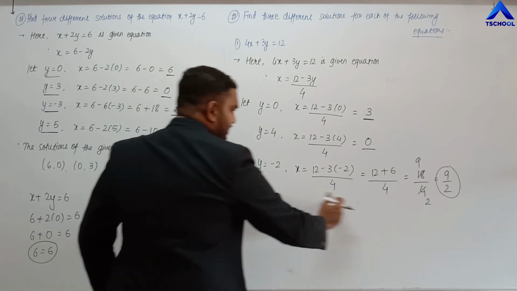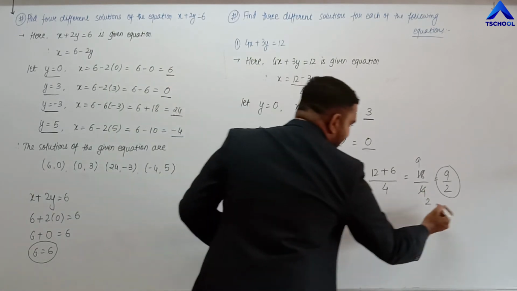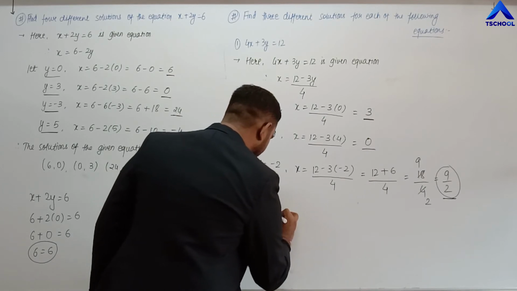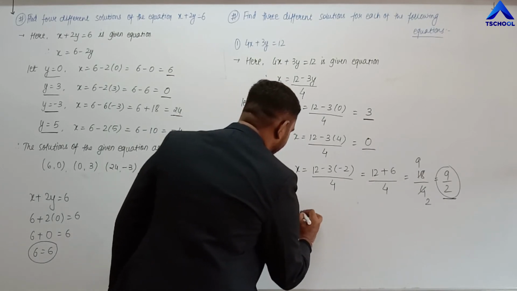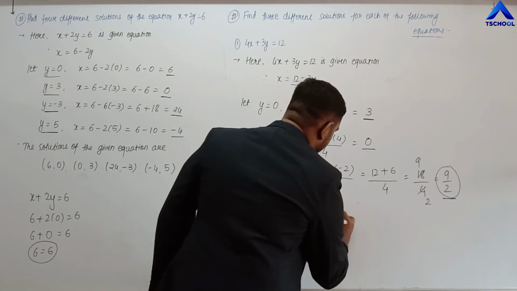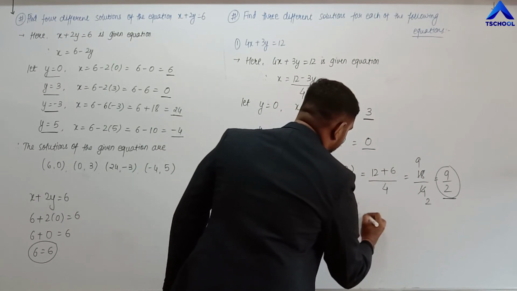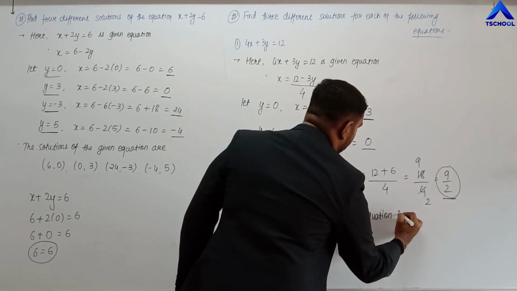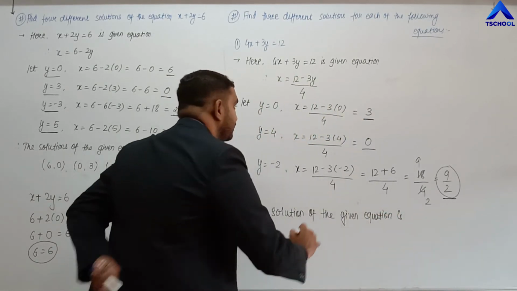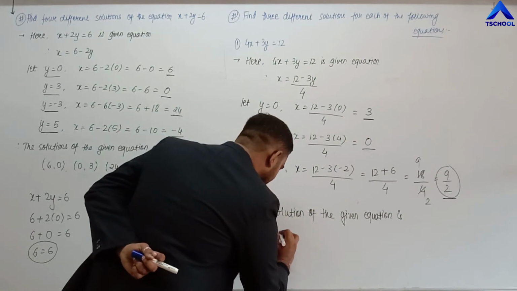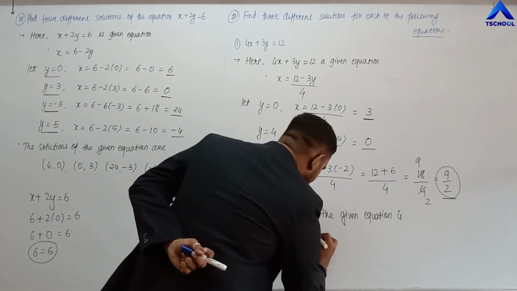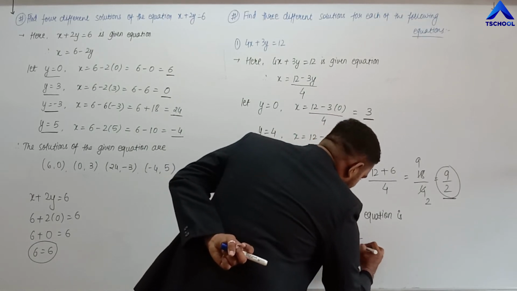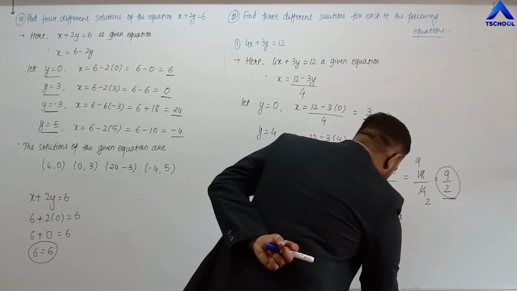So we got x equals 9 upon 2. So we will get the solution here. Therefore the solutions of the given equation are, the first one is 3, 0, the second one is 0, 4, and the third one is 9 by 2, minus 2.